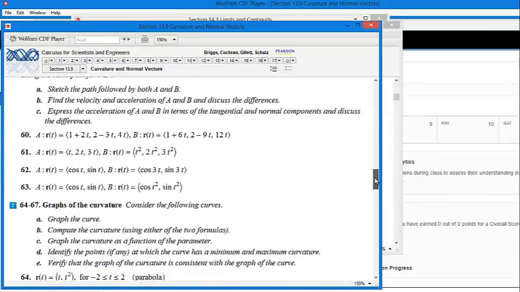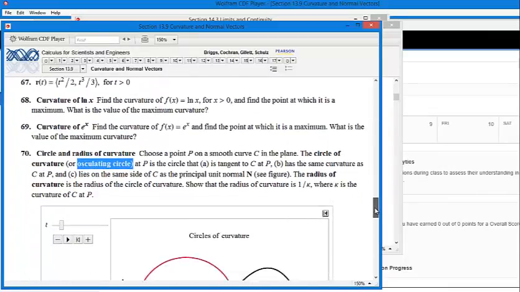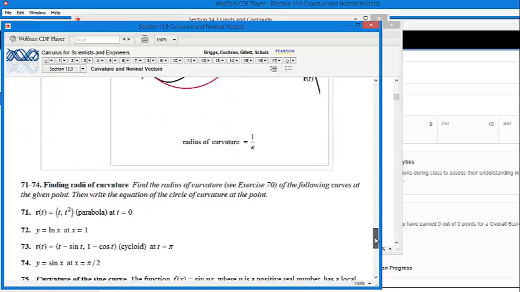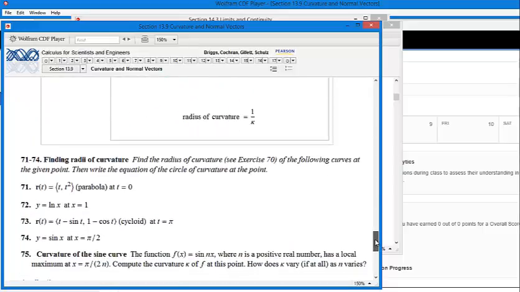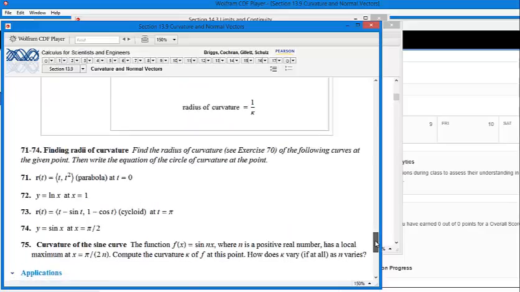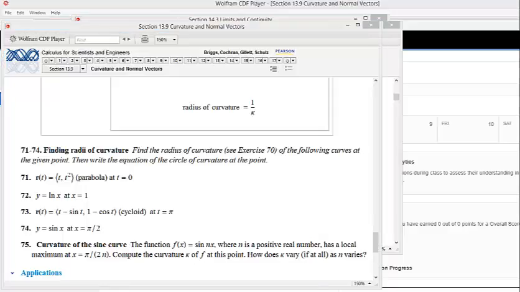So let me go back to that 70s problem and see if I have a hint. Oh, find the radii of curvature. So basically, you guys had 73, for example? Basically, all you need to do, right, now that you've seen that, here, let's punch this back up.